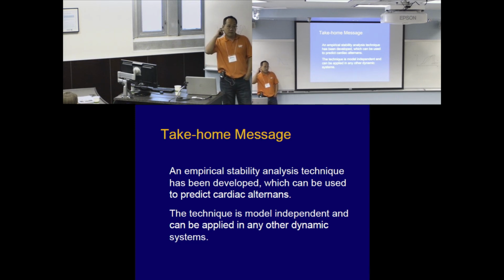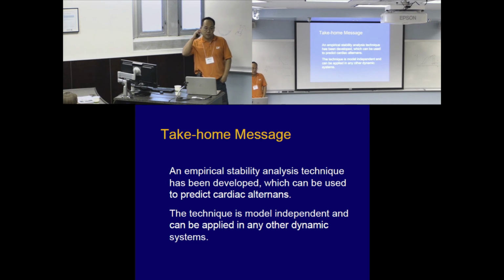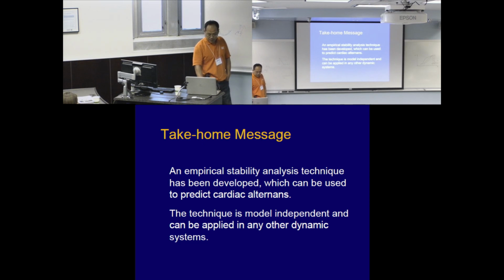It doesn't have to be cardiac, right? It's any dynamical system. If you have a time series and study the transient behavior in approaching steady state, we can use that to estimate the eigenvalue. Okay.